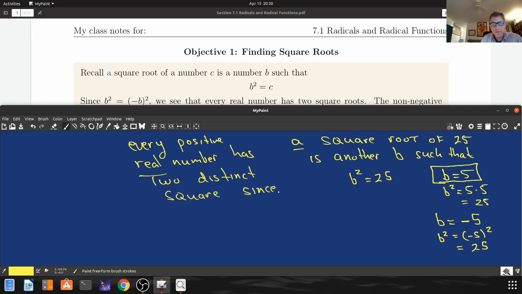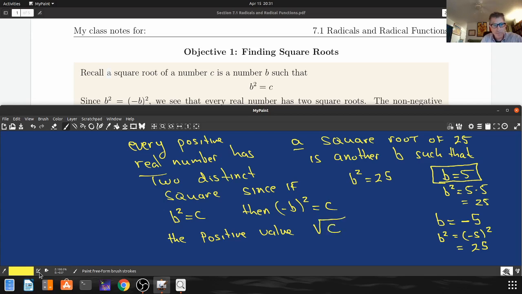Since if b squared is equal to c, then minus b squared is also equal to c. So we're going to denote either b or minus b is positive. So the positive value of b will be noted as the square root of c.